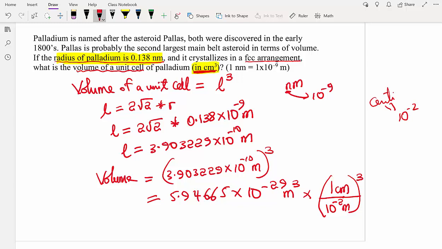So, if you plug this into your calculator and you round to 3 significant figures, you should get 5.95 times 10 to negative 23 cubic centimeter.